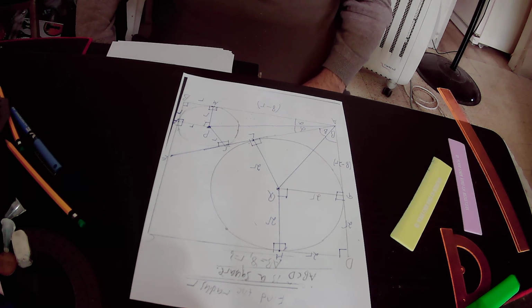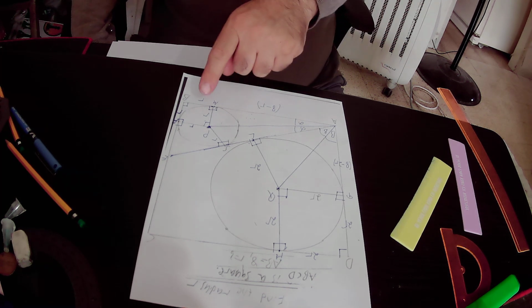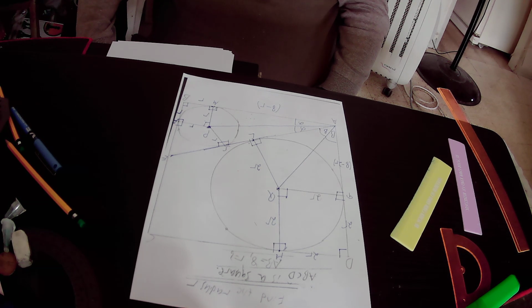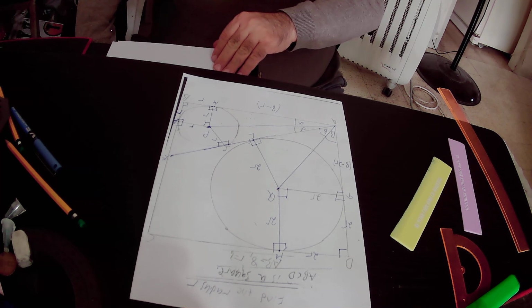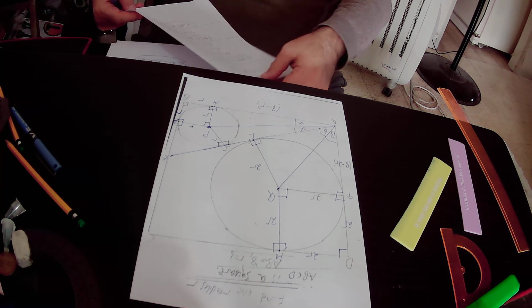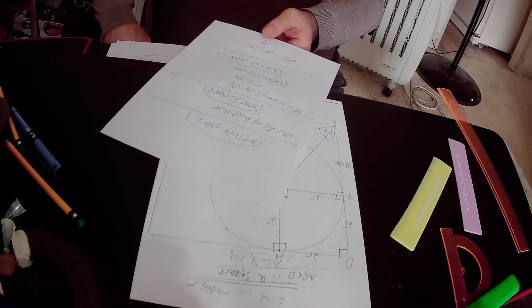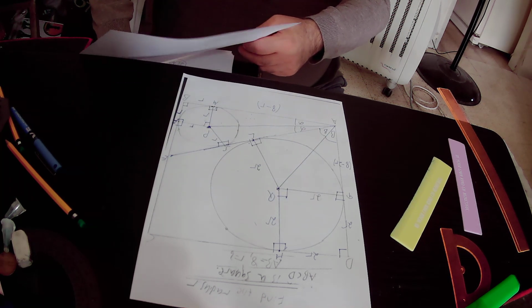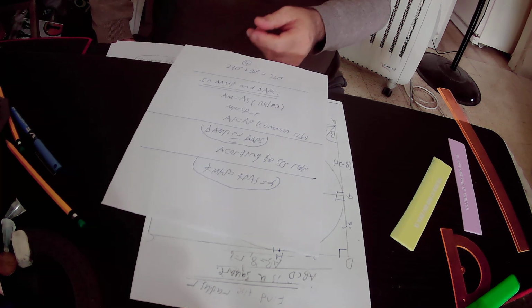So in the small quadrilateral we have three angles that are equal to 270 degrees. So the size of the fourth angle must be equal to 90 degrees in order to complete the sum of the angles in the quadrilateral to 360 degrees.